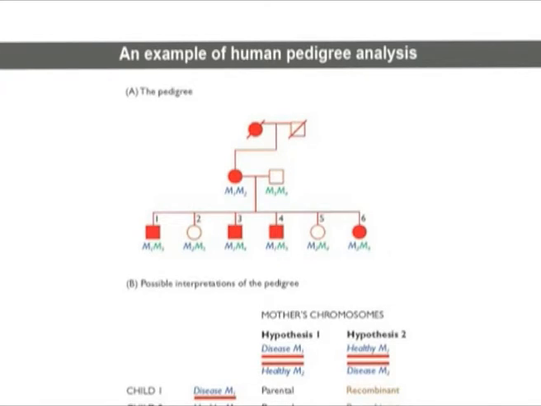The disease allele, or closed symbols, is dominant over the healthy allele, or open symbols. The objective is to determine the degree of linkage between the diseased gene and a microsatellite capital M by typing the alleles for this microsatellite, M1, M2, etc., in living members of the family.